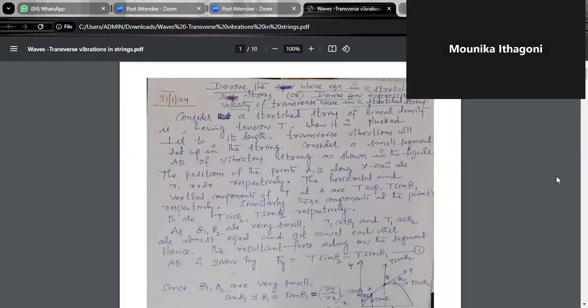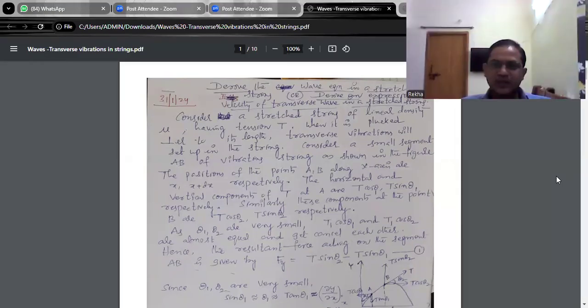The wave in which the particles vibrate perpendicular to the direction of wave propagation, then that wave is said to be transverse wave. The wave in which the particles vibrate parallel to the direction of wave motion. Suppose the wave is propagating along x-axis, the particles of the medium vibrate parallel to the direction of wave propagation.